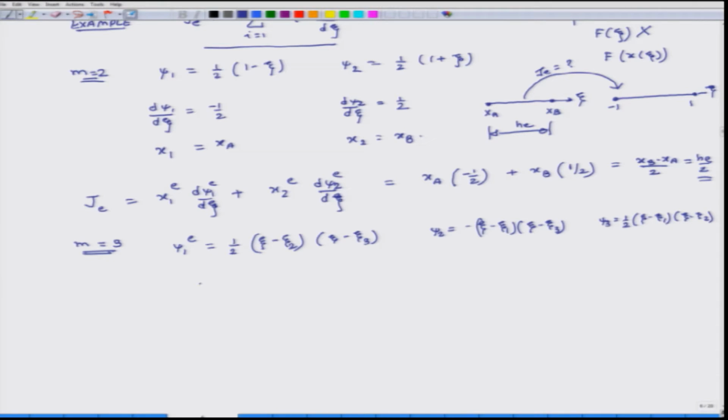Now you can again compute d psi 1 over d zeta, d psi 2 over d zeta, and d psi 3 over d zeta.